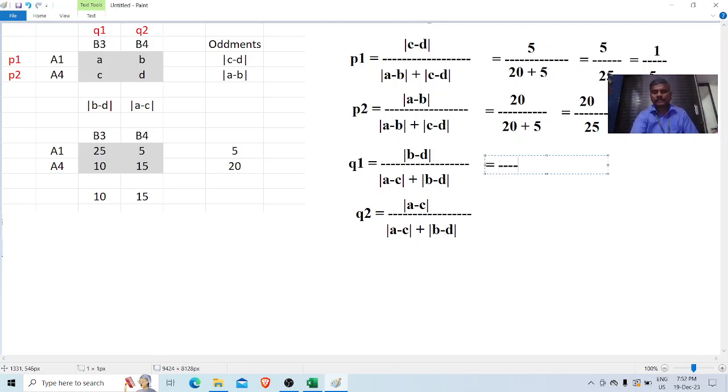Likewise, we can calculate for Q1 and Q2. So for Q1, modulus of B minus D is 10. Modulus of A minus C plus B minus D, modulus of A minus C is 15. So 15 plus 10. Again we have equal to 10 by 25. Simplifying further, we'll have 2 by 5.